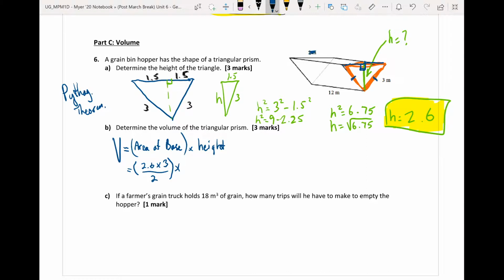oh, kind of ignored something there. Oh well, that's all right. Times 12. Okay, so our volume is 2.6 times 3 divided by 2, and then that number multiplied by 12. So I'm going to get my calculator out, give it a go.